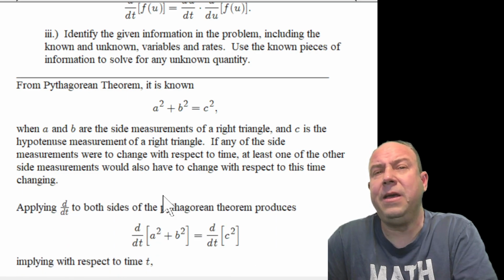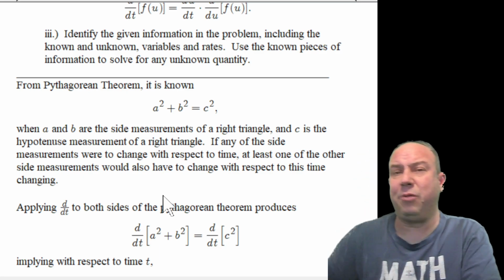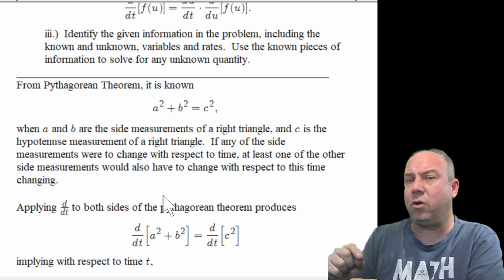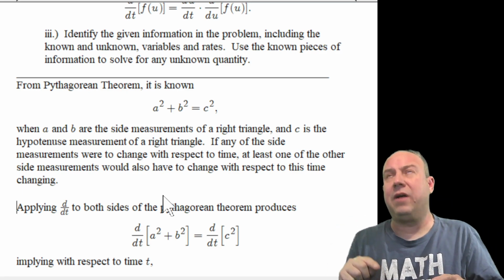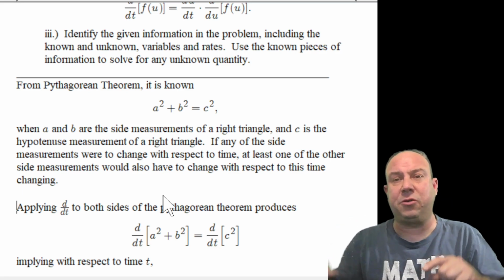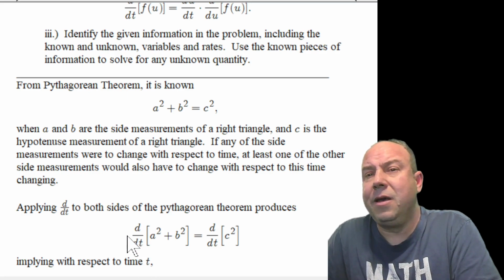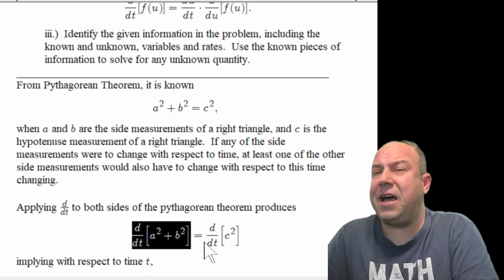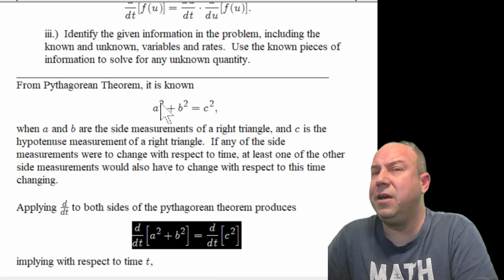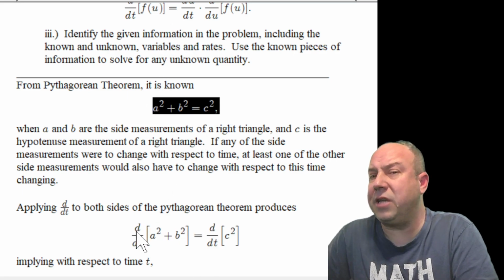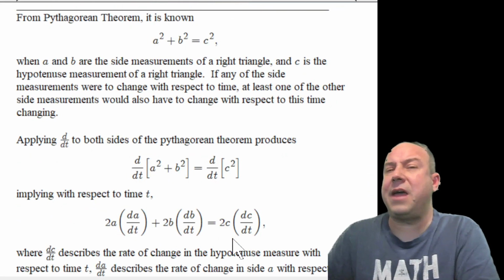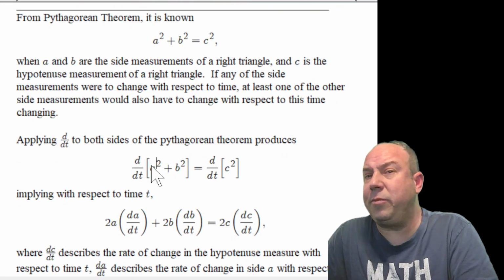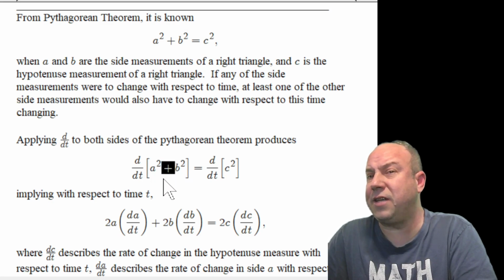relationship. Now, if we apply d dt to both sides to just start to explore what would be the rate of change between those variables, applying d dt to the left-hand side and to the right-hand side of this Pythagorean theorem, that derivative operator is going to distribute itself across the a squared and the b squared on the left-hand side across the sum.